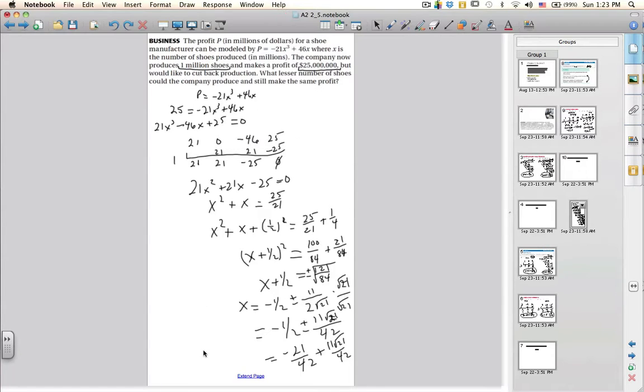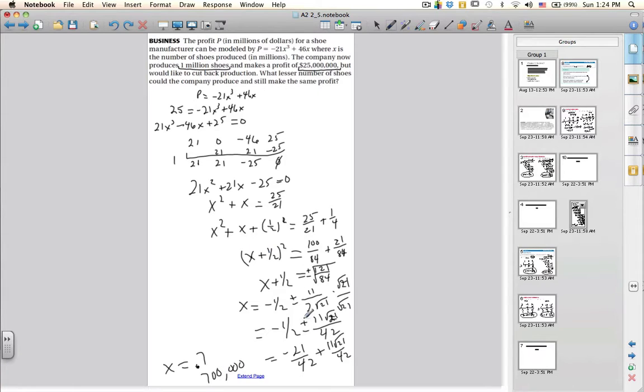So what that means is my solution is equal to 0.7. Remember, these were millions, so instead of 1 million shoes, I can make 700,000 shoes. 0.7 times the 1 million is 700,000 shoes.